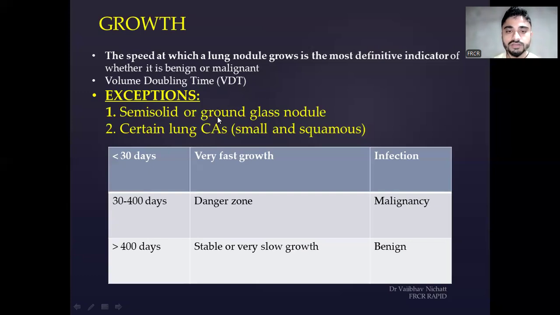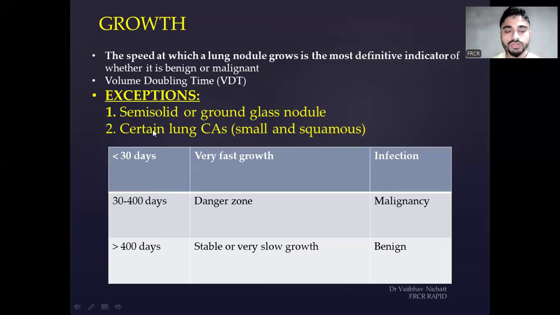That is the reason respiratory physicians keep following such lung nodules for a very long period of time, for more than 3 to 4 years. They are concerned with whether the lesion is cancerous or not.